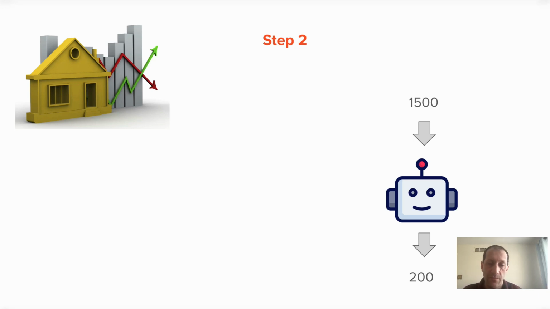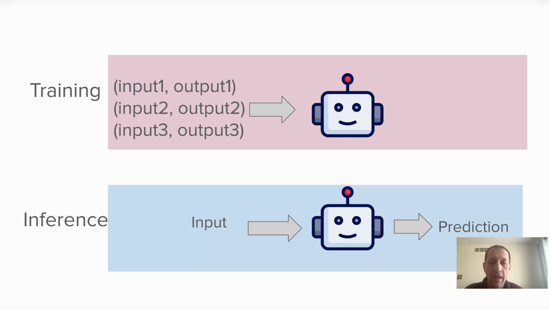So the first part of this recipe is that there are these 2 steps, 2 phases of machine learning. You have a training and you have inference. Training is at step 1, where you present to this algorithm examples of data with input and output.